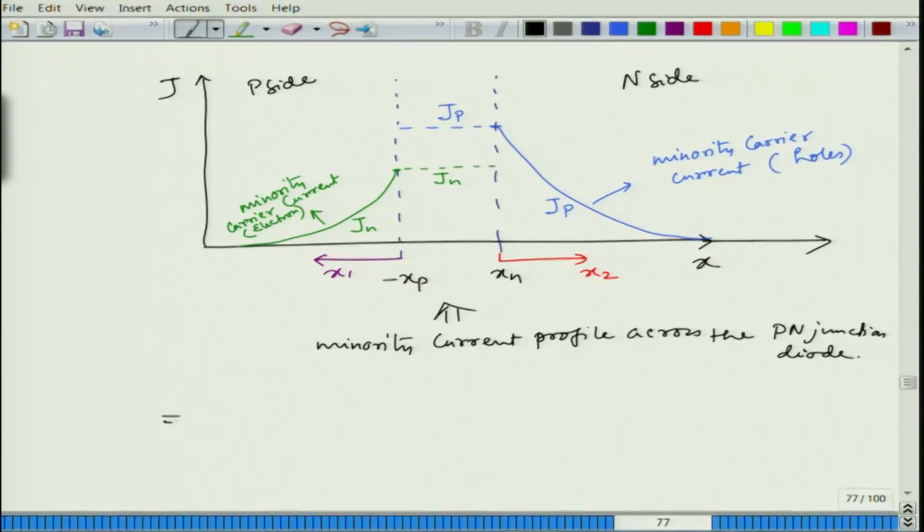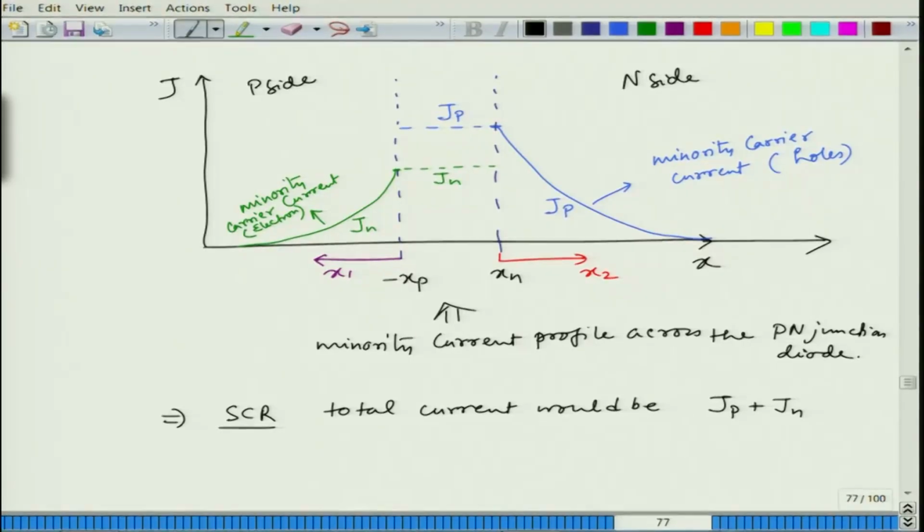Now, if you look at the space charge region only, that is all the carrier you have. You do not have any other carrier because those have drifted out. So, in the space charge region the total current would be this Jp plus Jn, right.